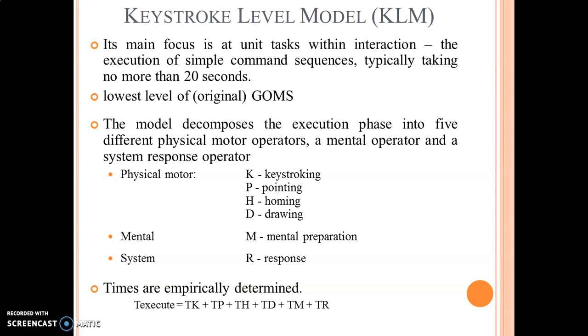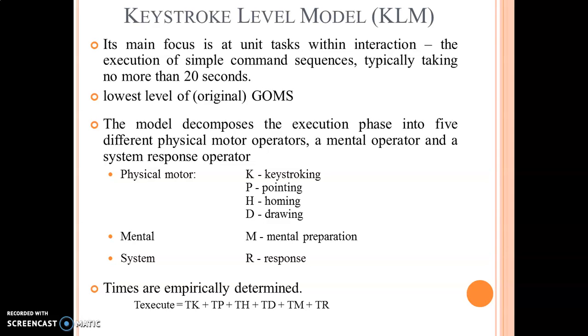The task is split up into two phases, as we have already seen: acquisition and then execution of the task. Acquisition of the task is done when the user builds a mental representation of the task, and execution of the task is using the system's facilities.